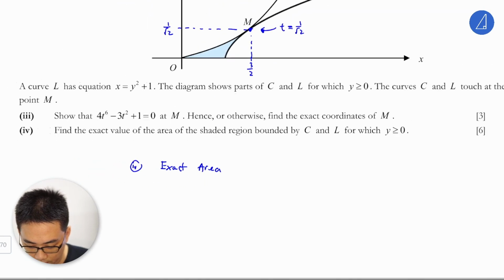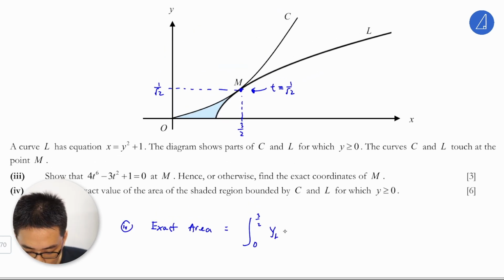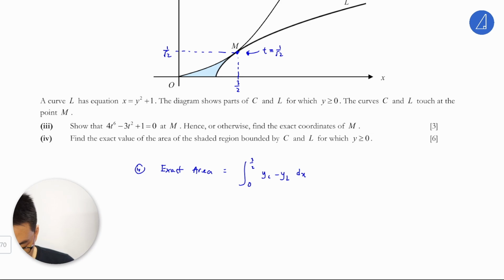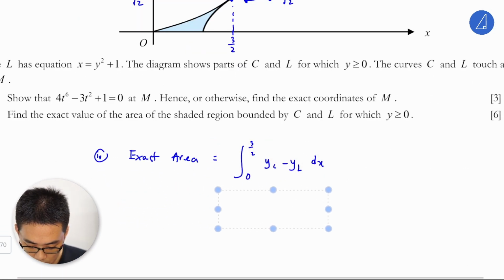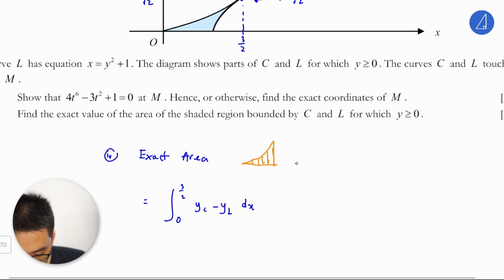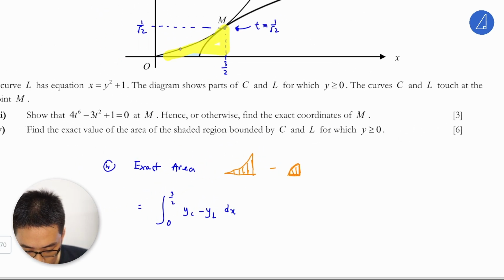So what you do is find the exact area, which is the integral from 0 to 3 over 2 of yC minus yL, because it's just the top curve minus the bottom curve.